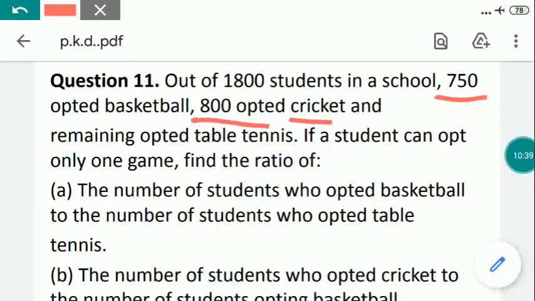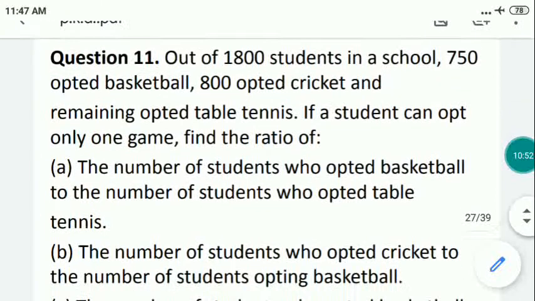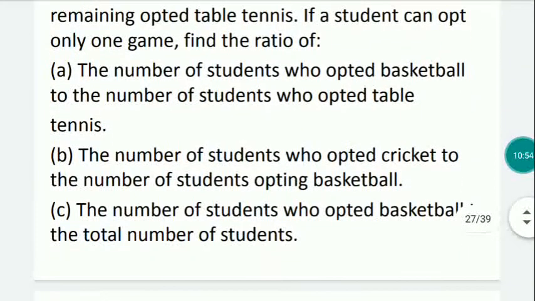If a student can opt only one game, find the ratio of the number of students who opted basketball to the number of students who opted table tennis. B. The number of students who opted cricket to the number of students opting basketball. C. Number of students who opted basketball to the total number of students.